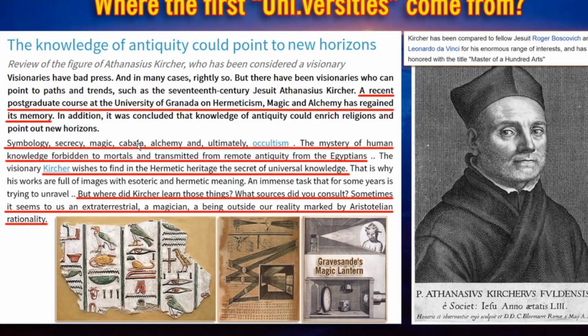That is my opinion. This guy also was an alchemist and ultimately an occultist. So why the Jesuit? It's all these titles, all the skill of these guys. The mystery of human knowledge forbidden to mortals and transmitted from remote antiquity from the Egyptians.